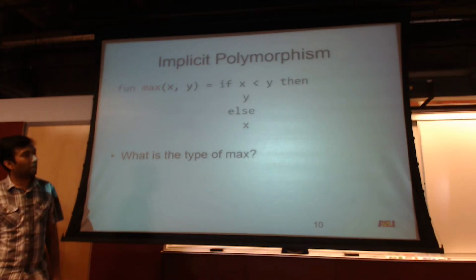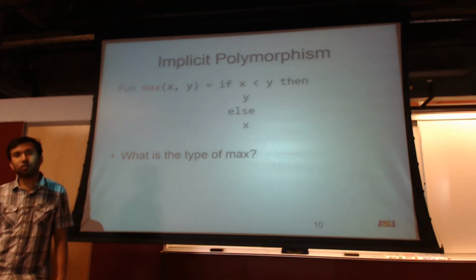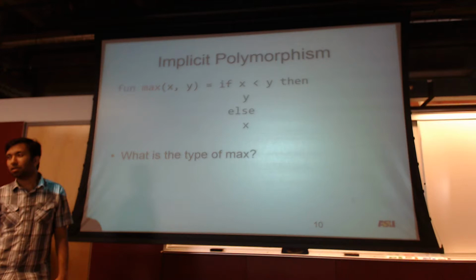So if I say max 2 comma 3, what should be the output? 2. If I give max a comma b, still a character, what will be the output?